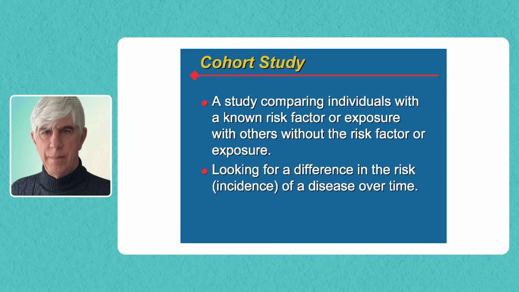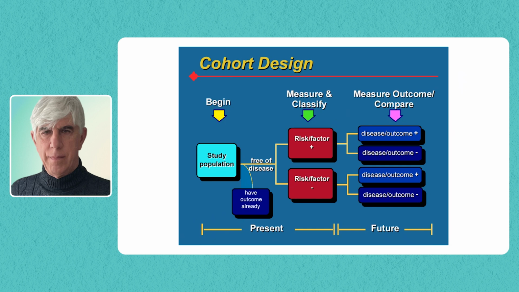Other studies are the cohort study, which is the most robust study design because it's really robust against biases. The idea is that today you take a population, you remove all people with the disease, then you classify people as exposed or non-exposed, and then you start the observation.